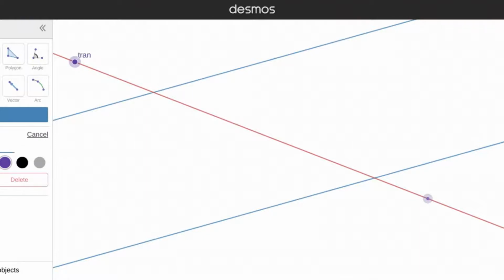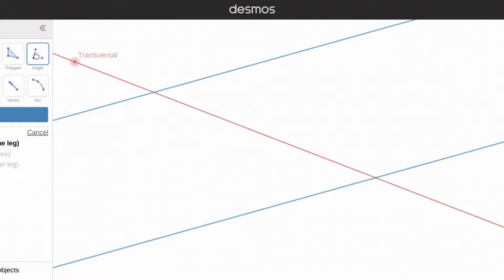This is my transversal. And come over here, take this point away and hide it.